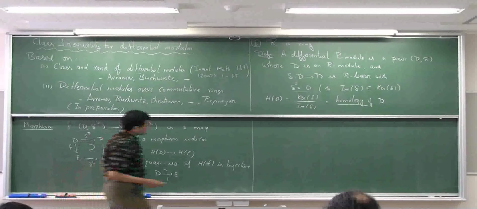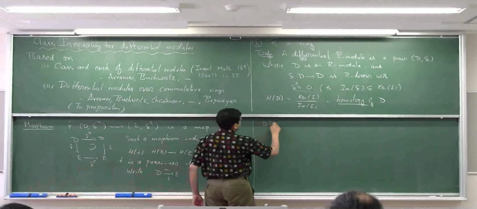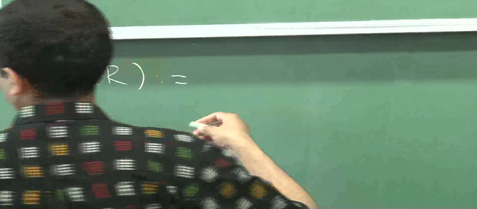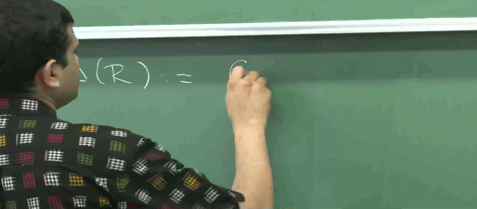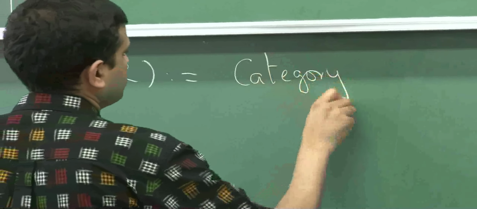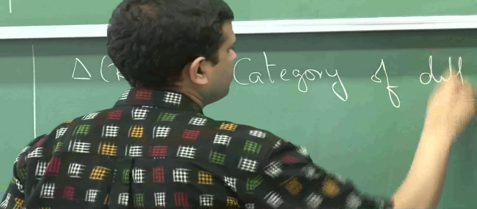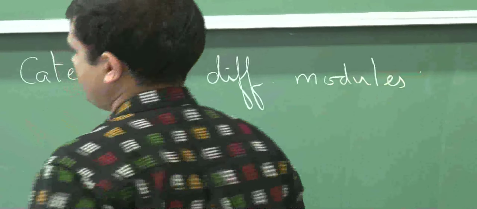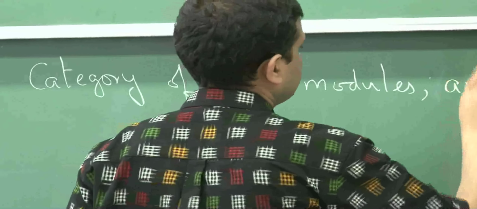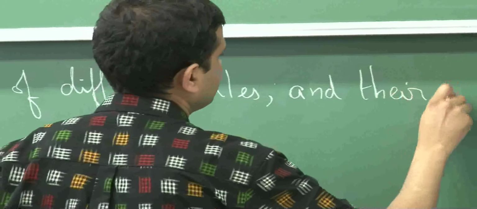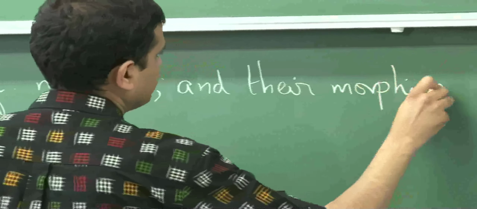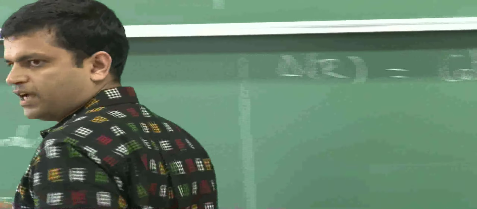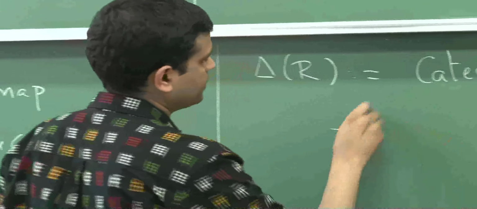Now, you can look at the category of differential modules and their morphisms. So I won't dwell too much on these categorical aspects, but just let me put this down. So delta R is the category of differential R modules and their morphisms. And it's an elementary observation that this is an abelian category.